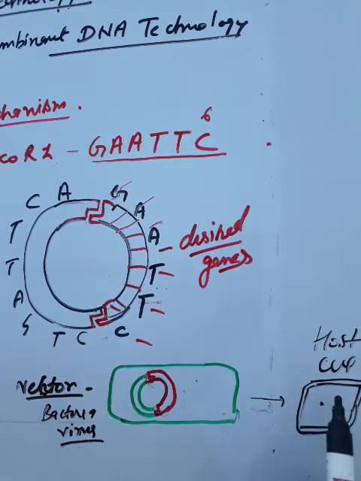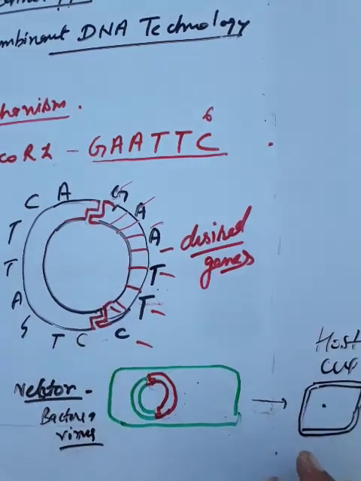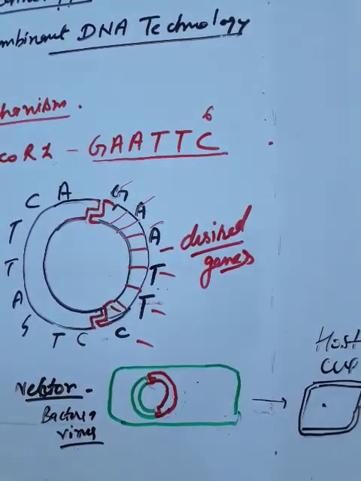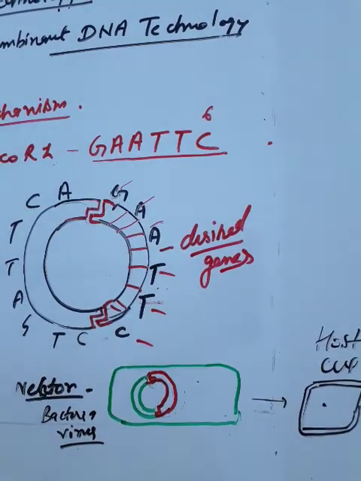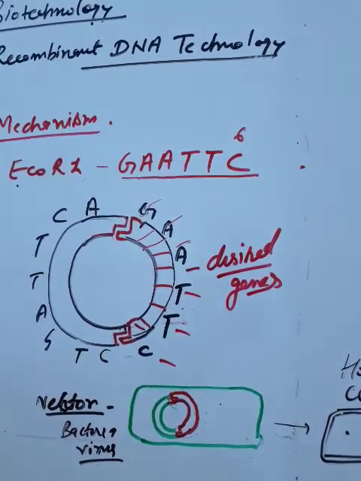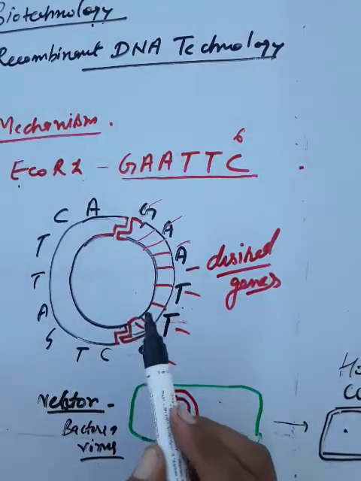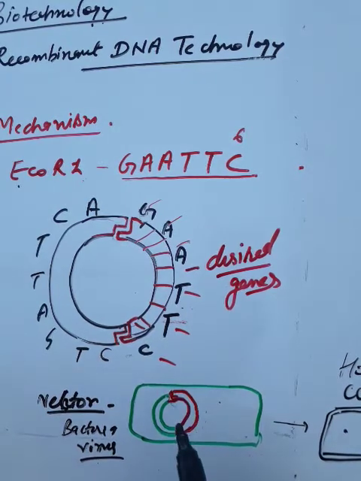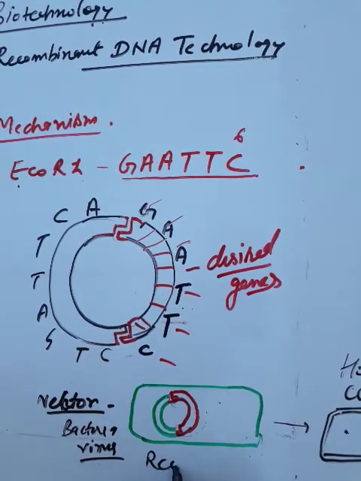This technique is known as recombinant DNA technology. Why is it known as recombinant? First we cut the desired DNA, and after that we insert it into the DNA. Re means again, a combination of the desired DNA. This DNA is known as recombinant DNA.